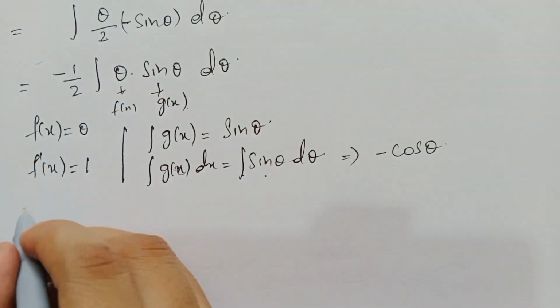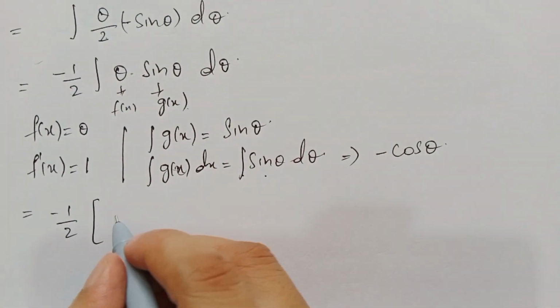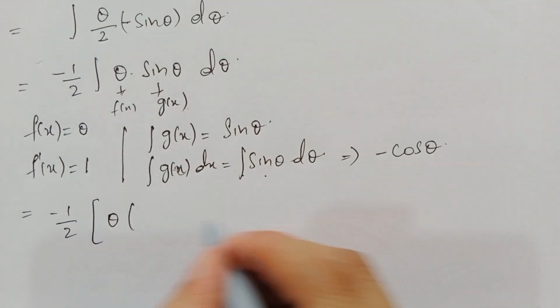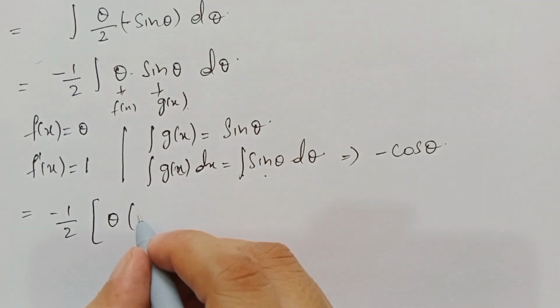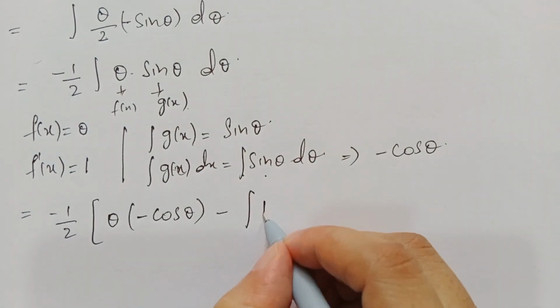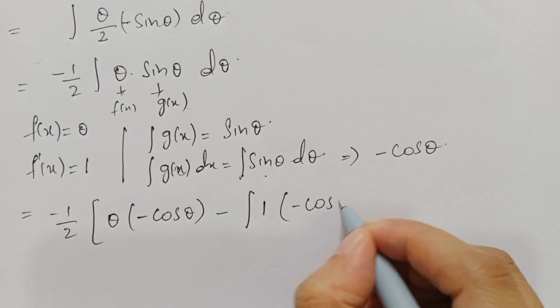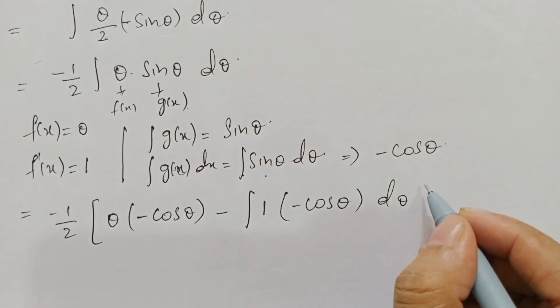Okay, so this is equal to minus 1 by 2. The f of x value is theta into integral g of x dx value is minus cos theta, minus integral f dash of x value is 1 into integral g of x value is minus cos theta d theta.